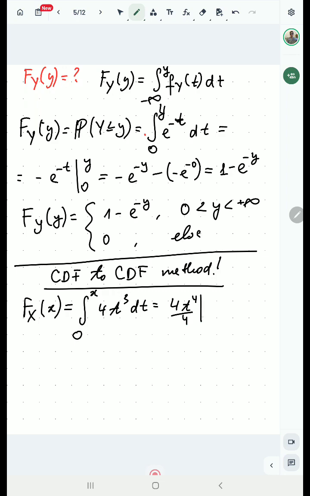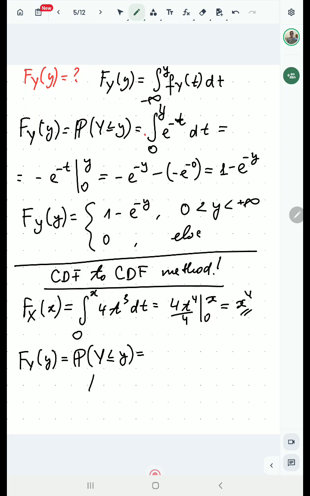You evaluate it within the 0 to x interval, and that is going to give you x to the power 4, right? After that, once you know the CDF of x, you can easily map it to the CDF of y. How do you do that? We are searching for the CDF of y, which is obviously equal to the probability of Y less than or equal to some fixed value y, right?